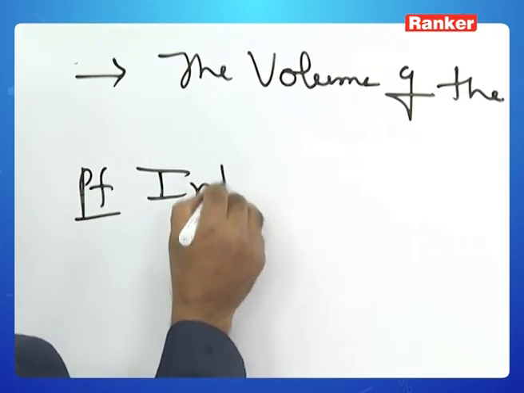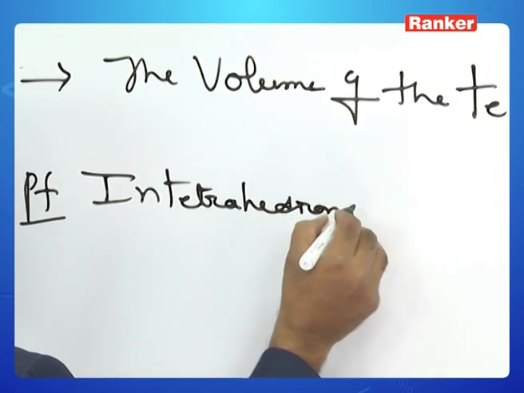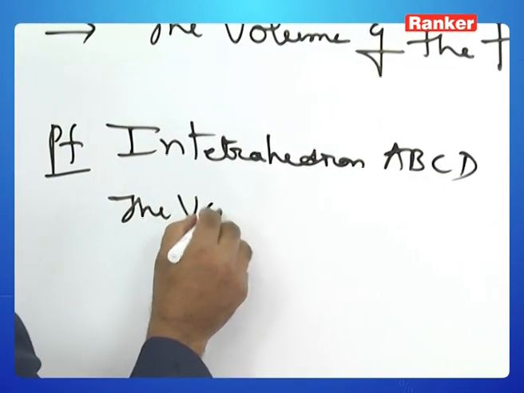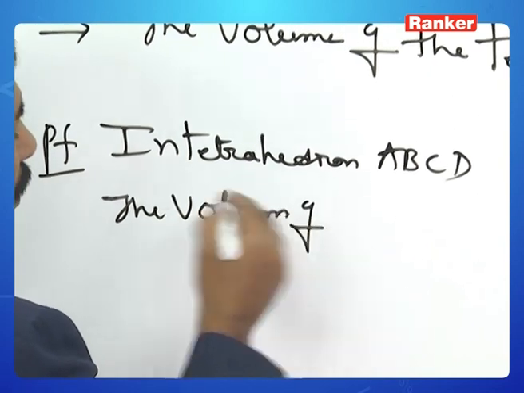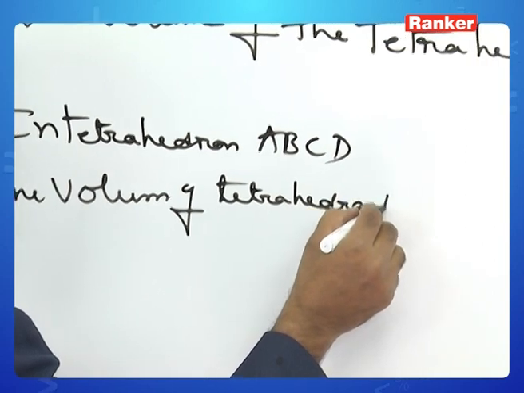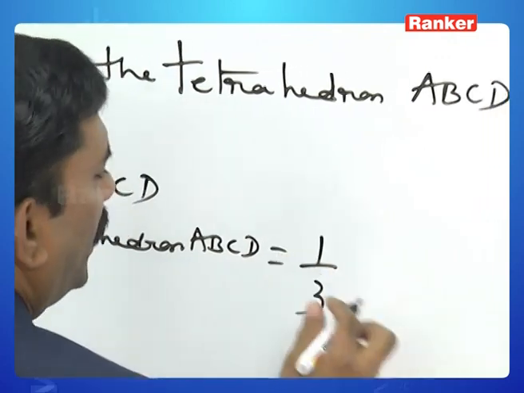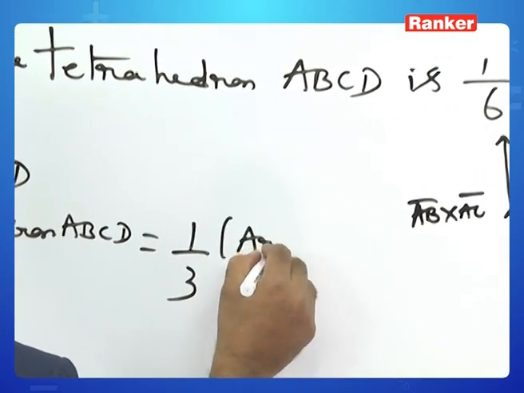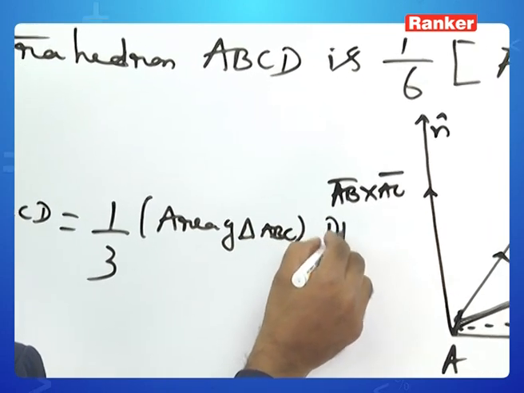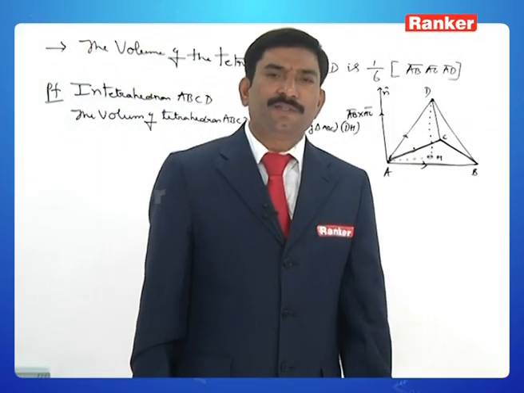in a tetrahedron ABCD, the volume of tetrahedron ABCD is equal to 1 by 3 into area of triangle ABC into DH. I call it as DH.